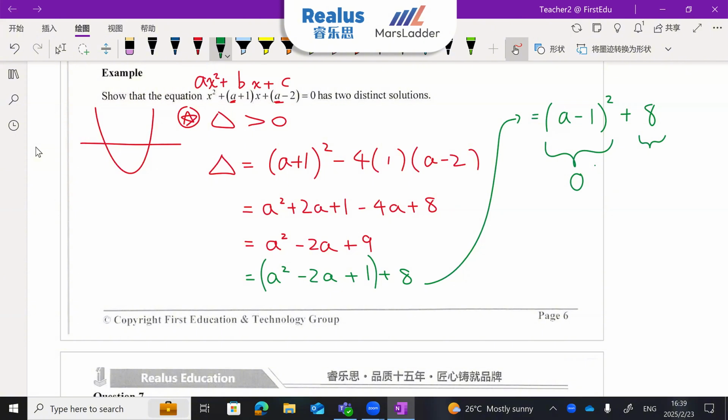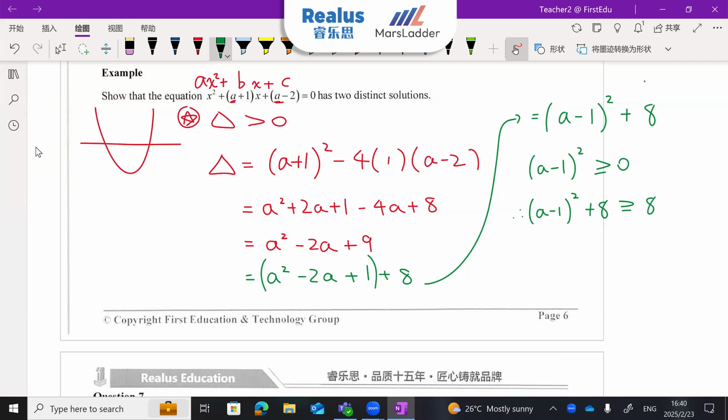Will this whole thing ever be negative? Nope. So you've got a non-negative (a minus 1) squared, and a positive 8 added on. So you know that this is always positive. How do you show that? (a minus 1) squared is always greater than or equal to 0. You're saying something squared will always be greater than or equal to 0. Therefore, (a minus 1) squared plus 8 will always be greater than or equal to 8.